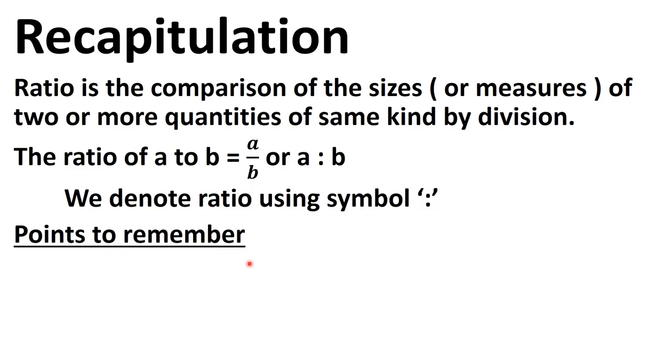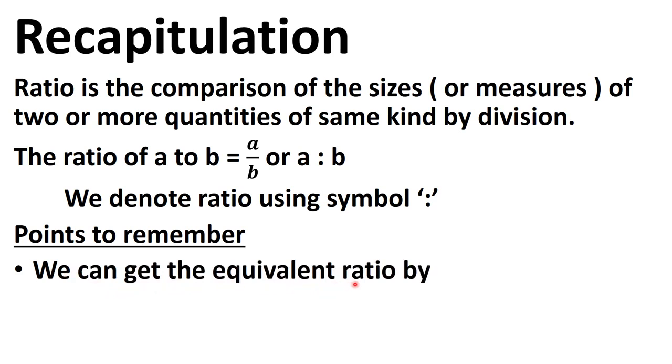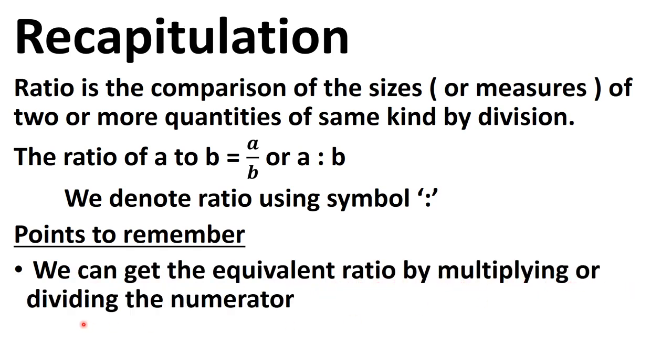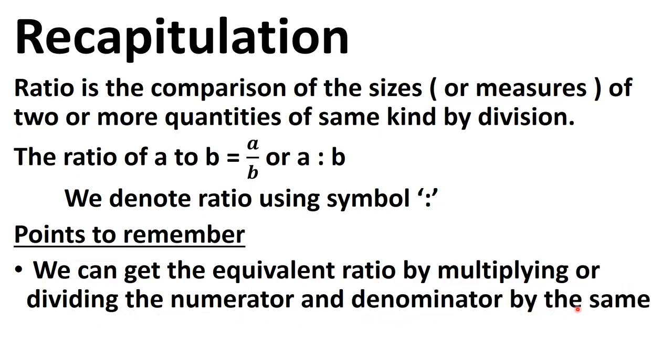Points to remember in ratio. We can get the equivalent ratio by multiplying or dividing the numerator and denominator by the same number.